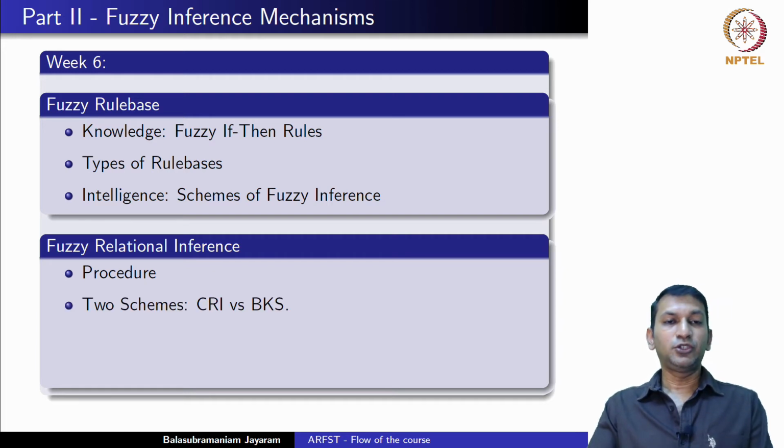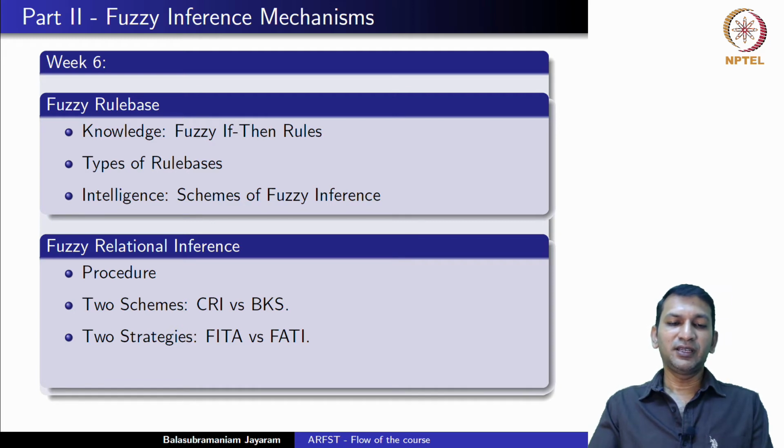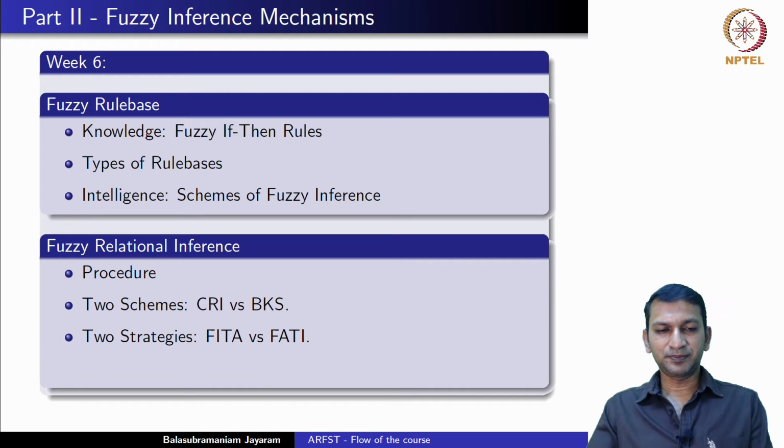In fact, there are two such schemes: the compositional rule of inference, shortened into the term CRI, as also the Bandler Kohout subproduct, which is abbreviated as BKS. There are also two strategies: first infer, then aggregate, and first aggregate, then infer.